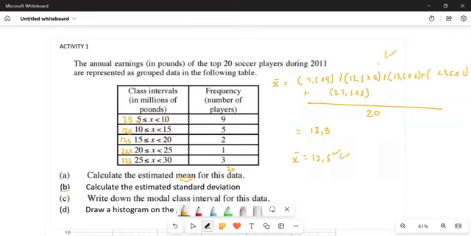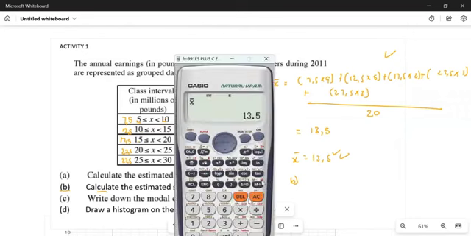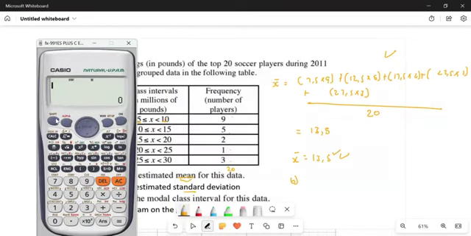And then if we go to number B, they say calculate the estimate of the standard deviation. If we were to estimate the standard deviation, we'll press AC and go back to our calculator. Then we press shift and then 1, option number 4, and then option 3.